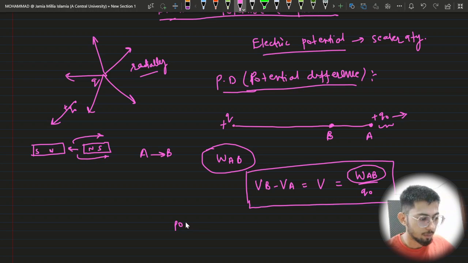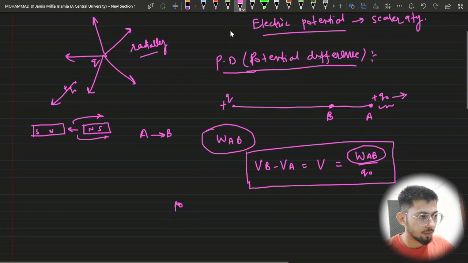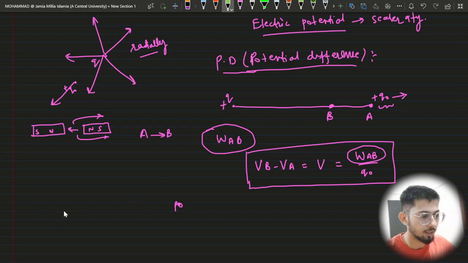So let us write the definition. Potential difference between 2 points is what?